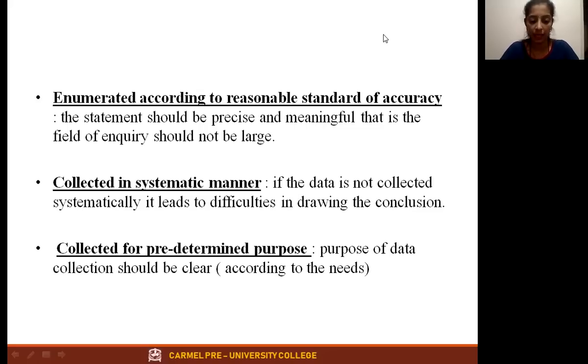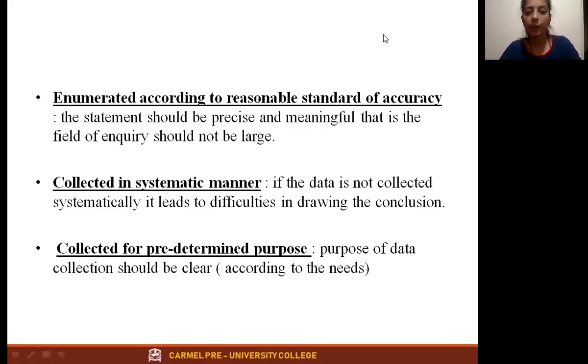So next one and the last one is collected for a predetermined purpose. The statistics are collected for a predetermined purpose. What is this predetermined purpose? Know what is purpose? Predetermined means beforehand. There is some reason behind that. I'll give you a best example.